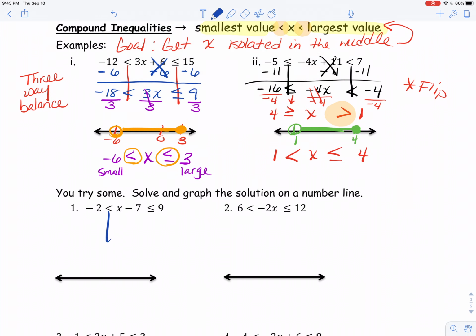Okay, so adding 7 to every side. So that's going to be 5 less than x less than or equal to 16. Sorry, y'all, that's just horribly sloppy. I apologize.